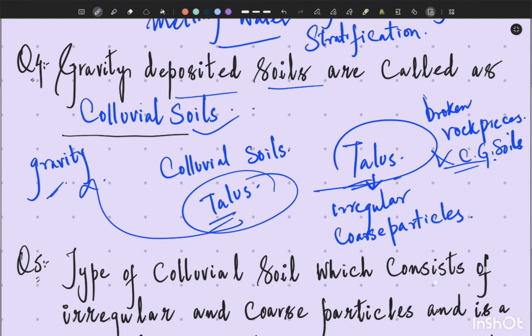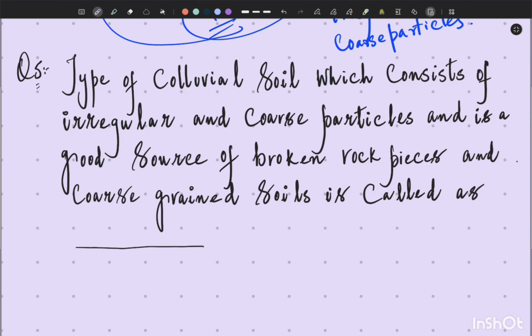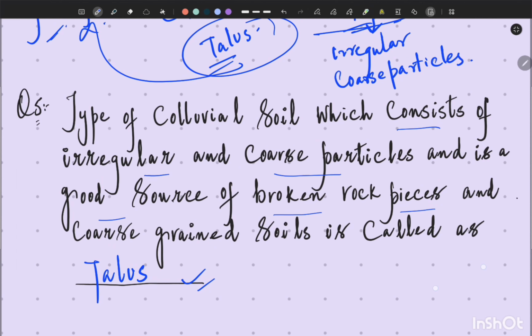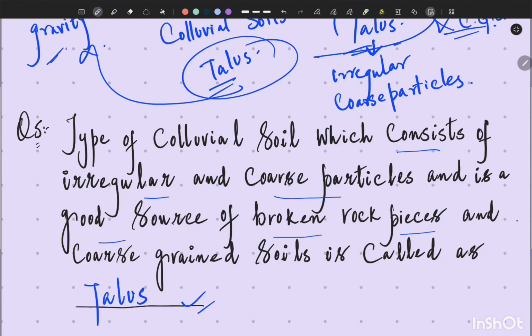All right, next question, question number 5. Question number 5 is, type of colluvial soil which consists of irregular and coarse particles and is a good source for broken rock pieces and coarse grained soils is called as talus. So talus is a type of colluvial soil which consists of irregular and coarse particles and is a good source of broken rock pieces and coarse grained soils, which is used for many engineering works.